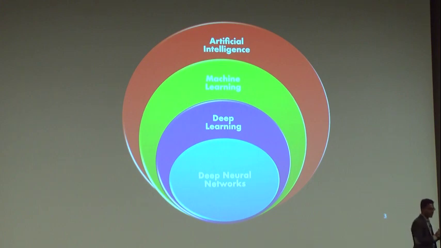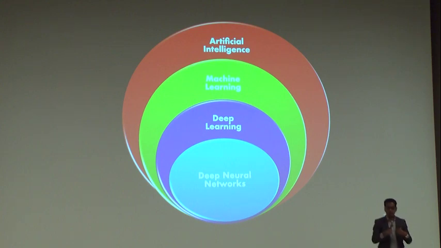Deep learning, which is the current state-of-the-art, belongs to this class, where you take different types of models and stack them in different ways, or combine them in a much deeper way to model really complicated functions.